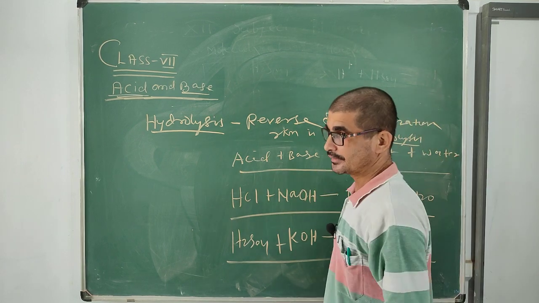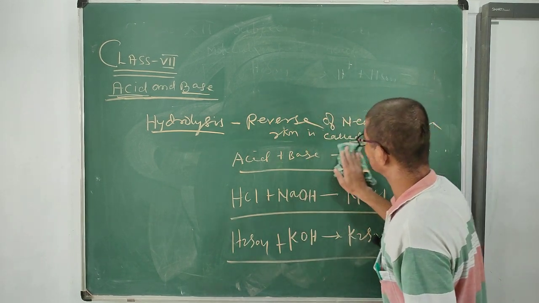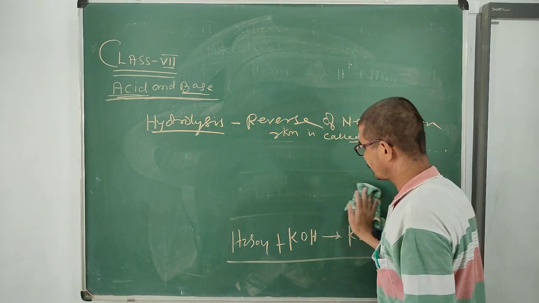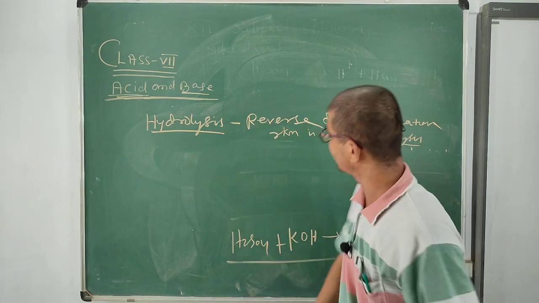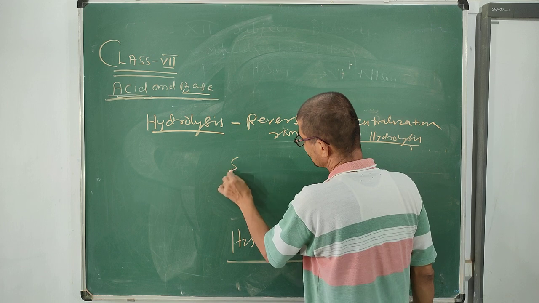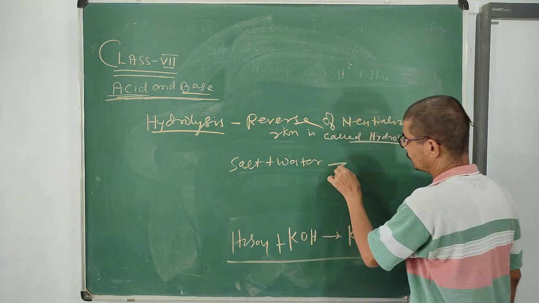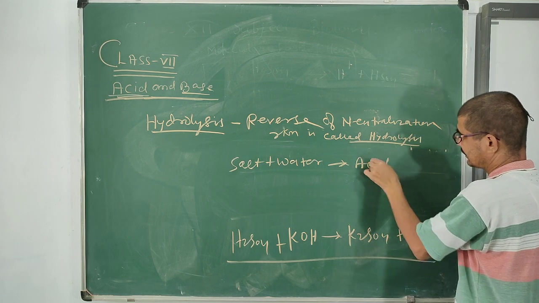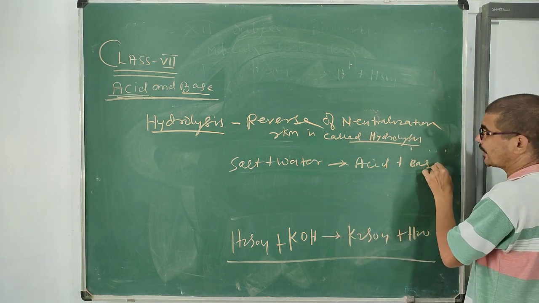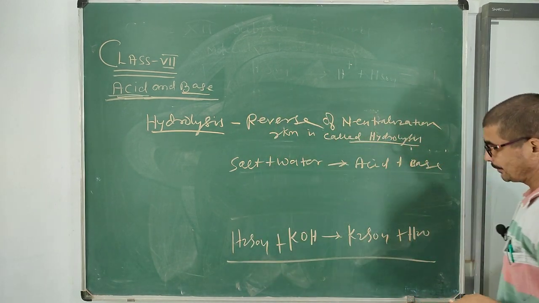It means interaction of water molecules with the salt. Interaction of water molecules with the salt is called hydrolysis. So this is salt plus water to form acid and base. After hydrolysis, we can see that the solution is either acidic or basic.